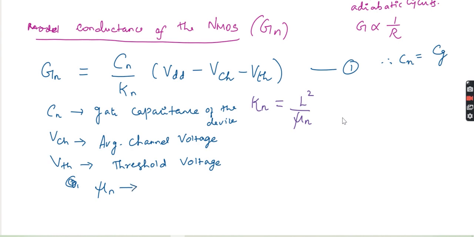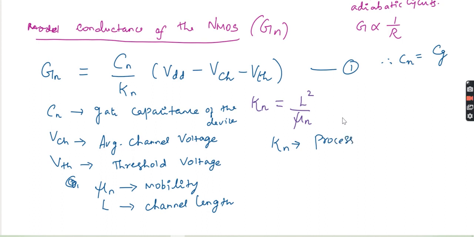So mu n is the mobility, where L is nothing but the channel length. But we need to know what Kn is. Kn is a process constant, or process parameter, which they call the process constant.